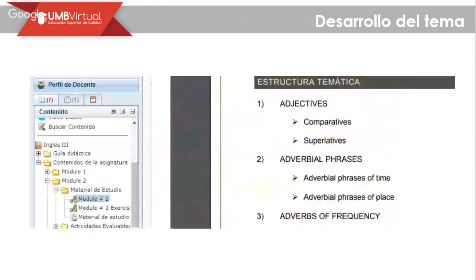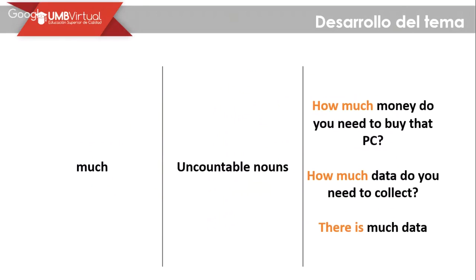All right. So right here, what is the structure like according to the different topics we're going to see? Right there we have this information, yes? Okay. So when we have much, right there, like countable nouns, we are going to see some differences between them.